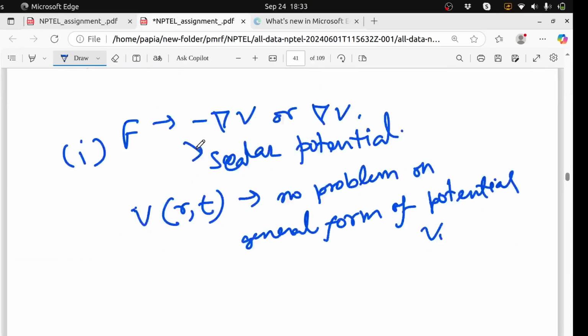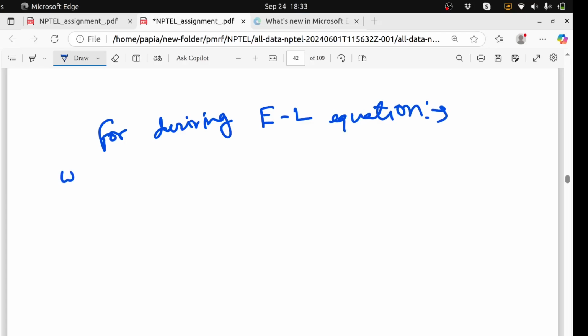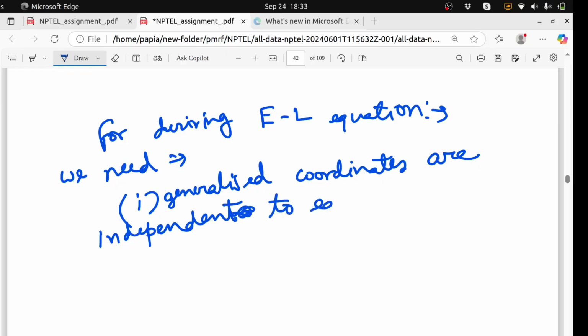So I can just summarize here. For deriving the EL equation, we need generalized coordinates independent to each other.